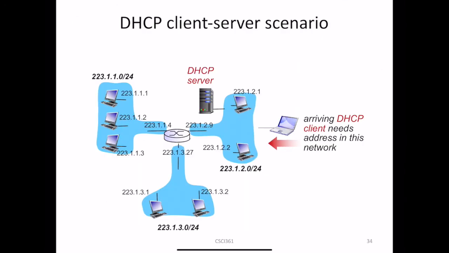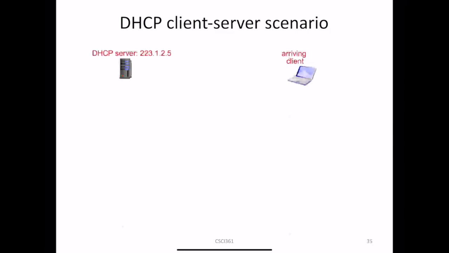So suppose here we have an example. Suppose there's a newly arriving DHCP client. It needs an IP address in this network. And also we know under this network there is a DHCP server. Then let's see how they interact with each other and how the arriving client gets an IP address from the DHCP server.